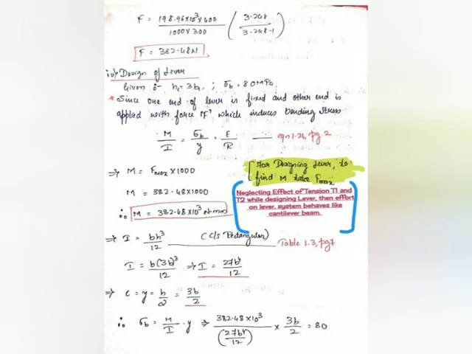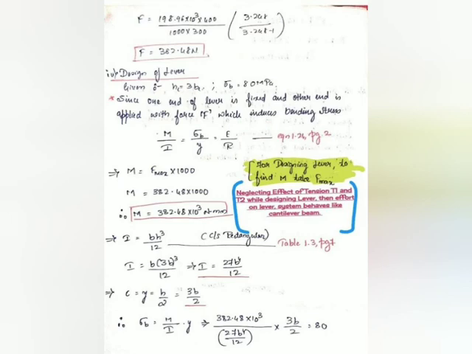Next we require the moment of inertia. Since it is a rectangular cross section, the general expression is I equal to B H cube by 12. But we will use the condition that H is equal to 3 times B. So we put that, and we get I in terms of 27 B raised to 4 by 12.